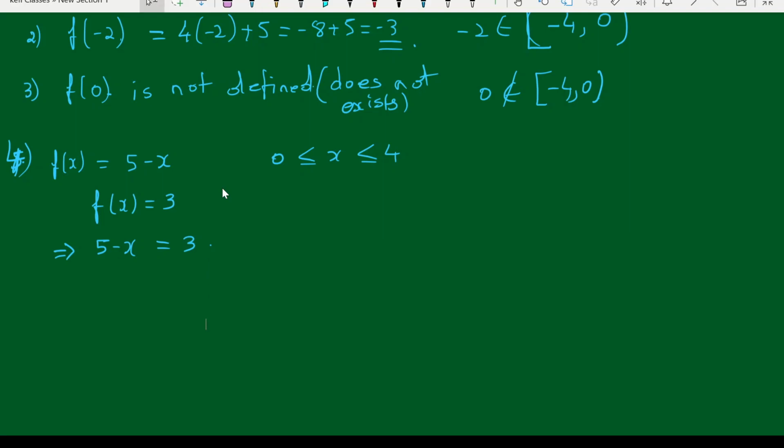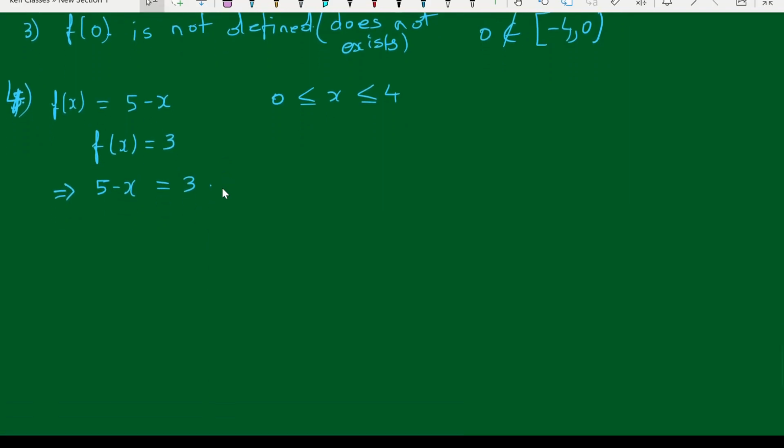It is 5 minus x, but the value of f of x is given as 3. So 5 minus x is equal to 3. This implies 5 minus 3 is equal to x, and this implies x is equal to 2, which belongs to the interval 0 to 4, closed interval.